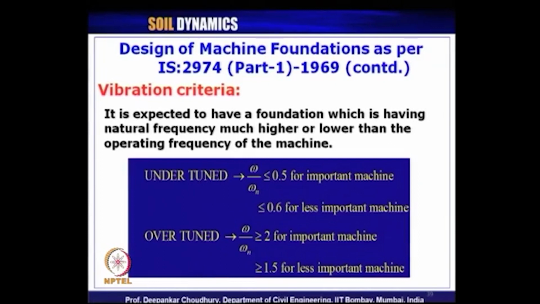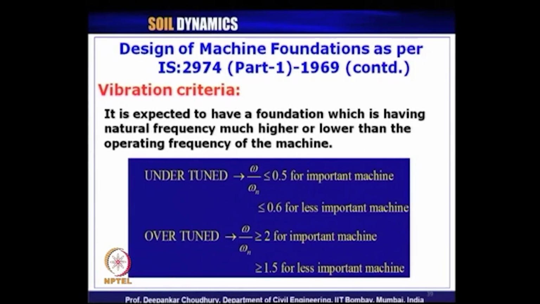It should be overtuned, because if you design an undertuned foundation for a machine like a turbo generator, you will end up with a very high value of omega n, because omega is already pretty high; omega n will be excessively high.